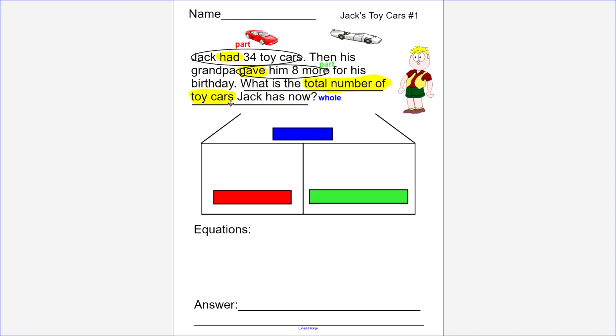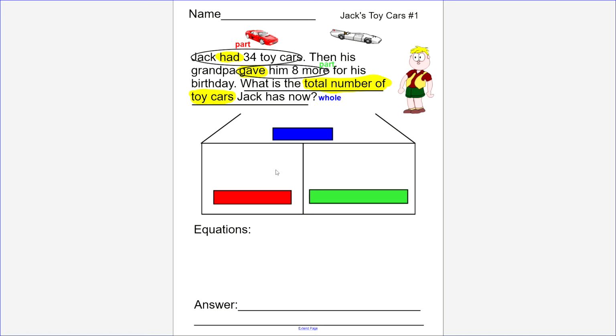I already know this is a get more problem. I know it's a get more problem because there's a get more action. His grandpa gave him more toy cars. Since I know that this is a get more problem, I know I'll use a bar diagram to organize my information with the 2 parts inside and the whole on the top.